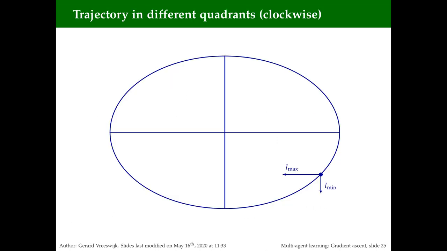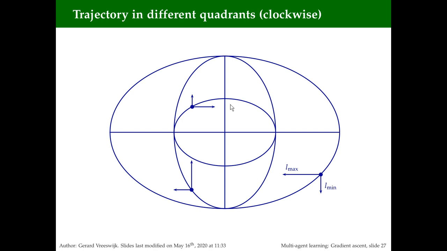So here the movement is clockwise, and we have to make sure that the ellipse lies flat when we are in the second or fourth quadrant, and the ellipse stands when we are in the third and in the first quadrant. So it lies flat if the movement is in the second quadrant. If that's the case, then there's convergence, you see?